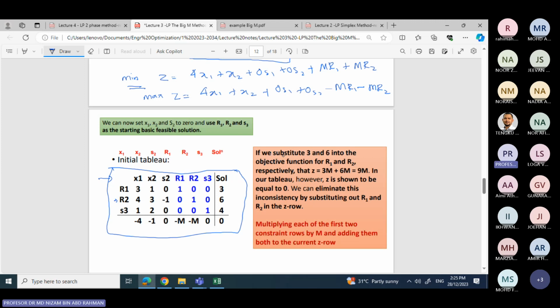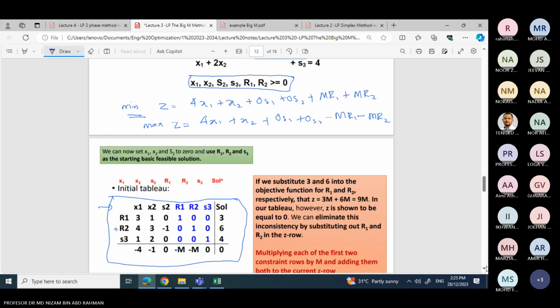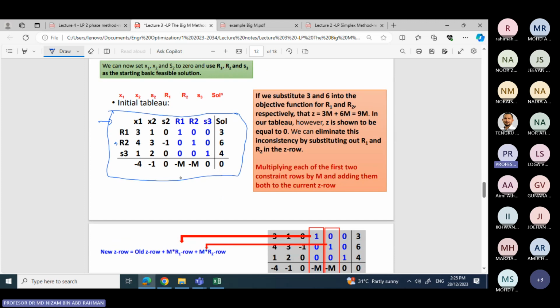If we look at this, what this indicates is the solution is basically R1 equals 3, R2 equals 6, S3 equals 4, and Z equals 0. Right? So let's put a Z here. That's what this says.